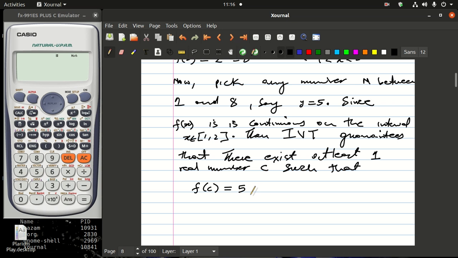What this simply means is that if I would take C cube, I would get a 5, which actually implies that C must be equal to the cube root of 5.